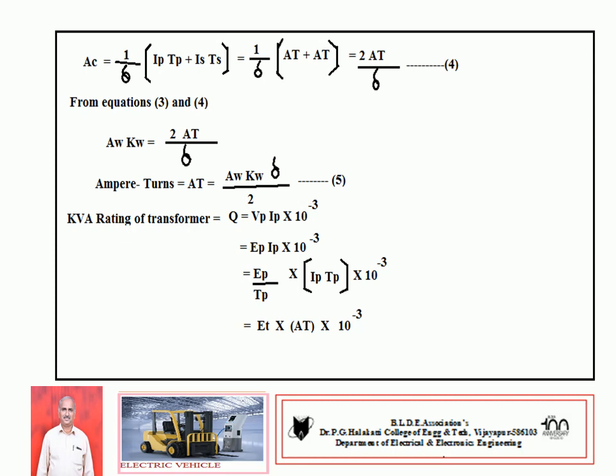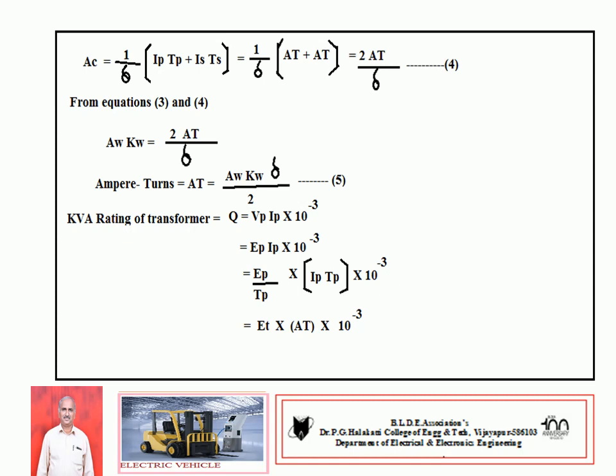We are coming to the next part. Now, the KVA rating of the transformer Q equals voltage into current. Voltage into current gives volt amperes: Vp phase voltage, Ip phase current, into 10 to the power of minus 3 to get the KVA. The product of Vp into Ip is in volt amperes; to get KVA, multiply by 10 to the power of minus 3.